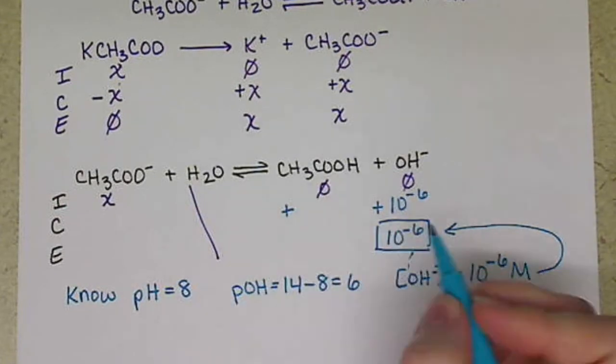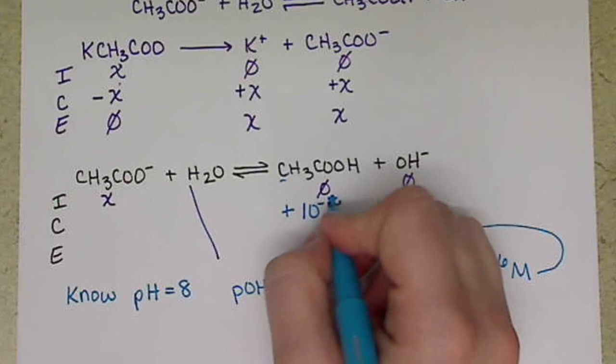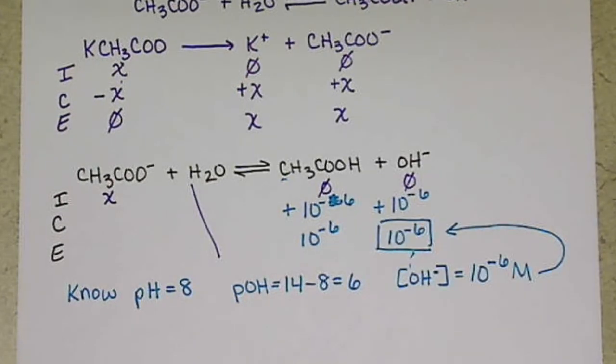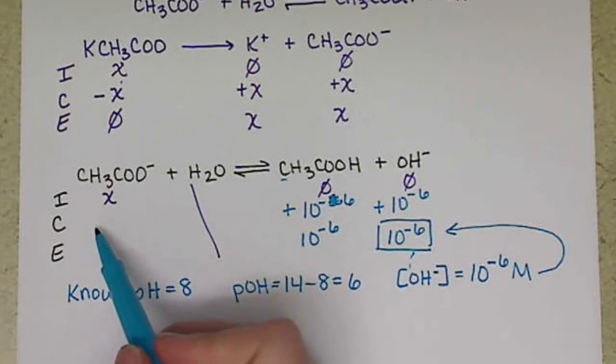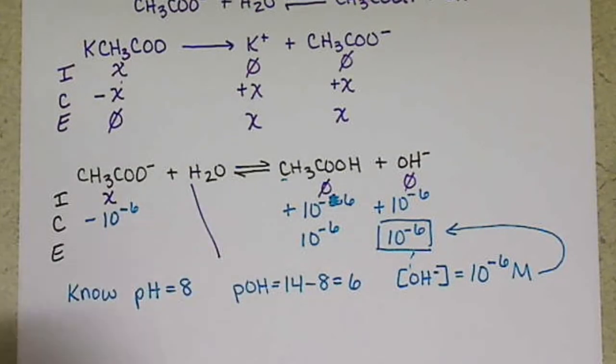Our change for the acetic acid is the same. Oops, not 16, 6. So our ending concentration of the acetic acid is 10 to the negative 6. Over here, we're subtracting 10 to the negative 6.